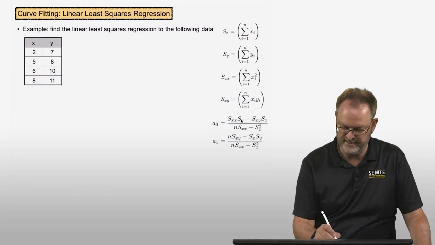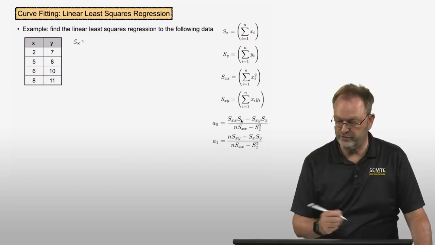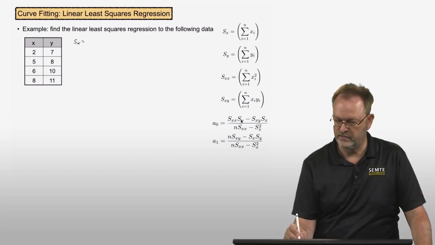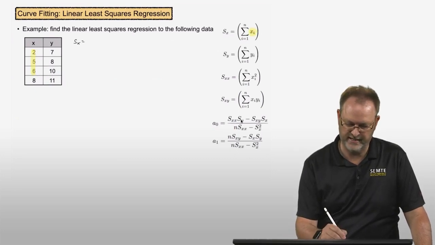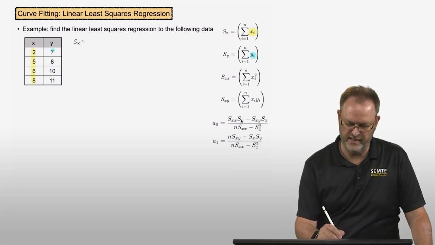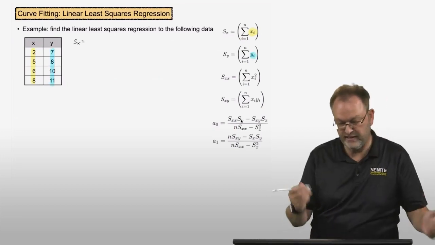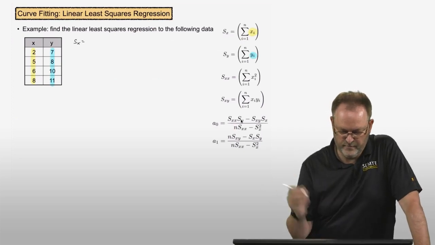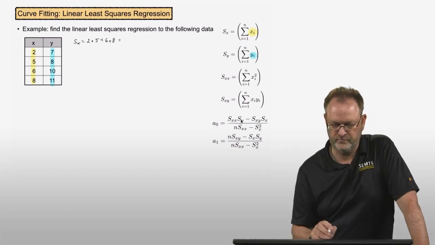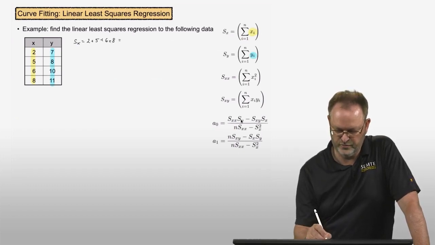Let's start with Sx, which is equal to the sum of all the x values. These are my x values. The sum of all the y values is Sy, those are the y values. But let's start with Sx. Sum them all up. So 2 plus 5 plus 6 plus 8. 7, 15, 21.